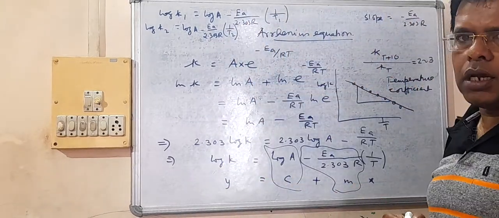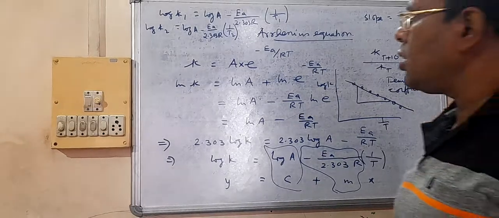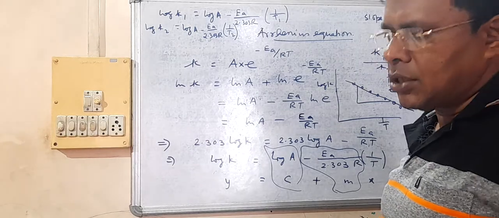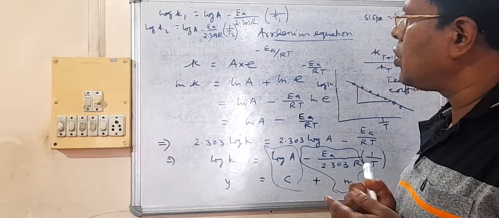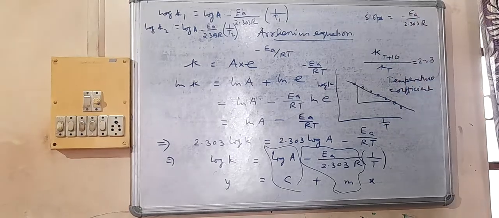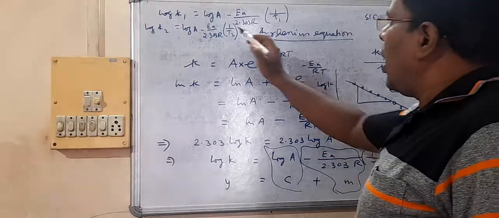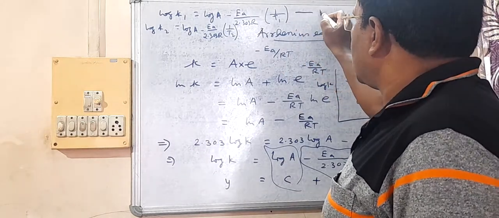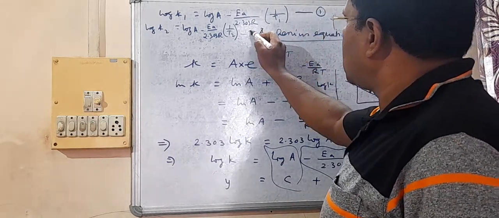Remember, here A will not change on changing temperature. A is a constant, and even activation energy doesn't change with change in temperature. So we have this Arrhenius equation at temperature T1 and this one at temperature T2.